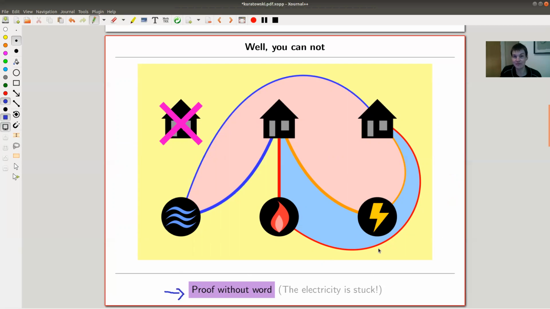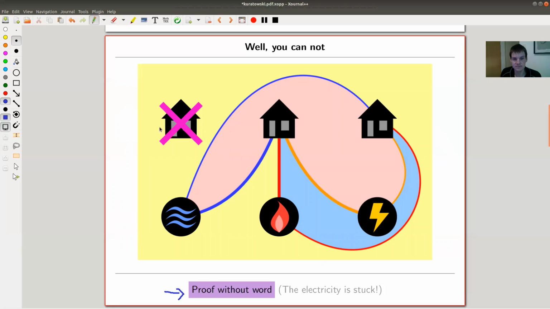So actually, I should stop waffling because it should be a proof without words, right? But it took me a while to understand the proof. So let me at least explain what's going on, why this actually is proof, or kind of part of a proof, that this is really impossible.